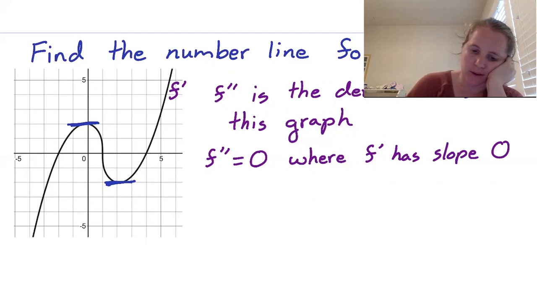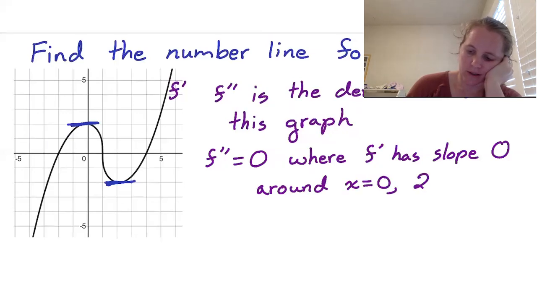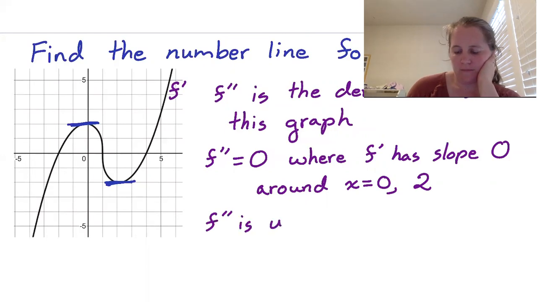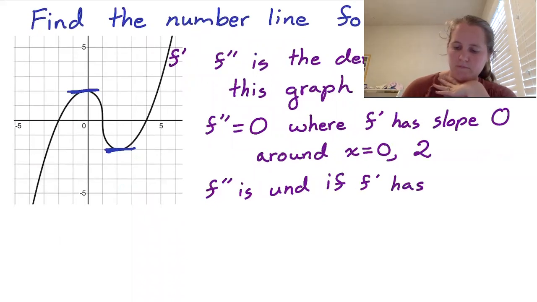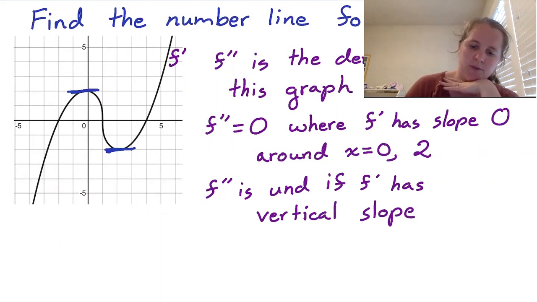The second derivative is undefined if f prime has a vertical slope. We do in fact have one place where it looks like we have a vertical slope, and that's at x equals 1.